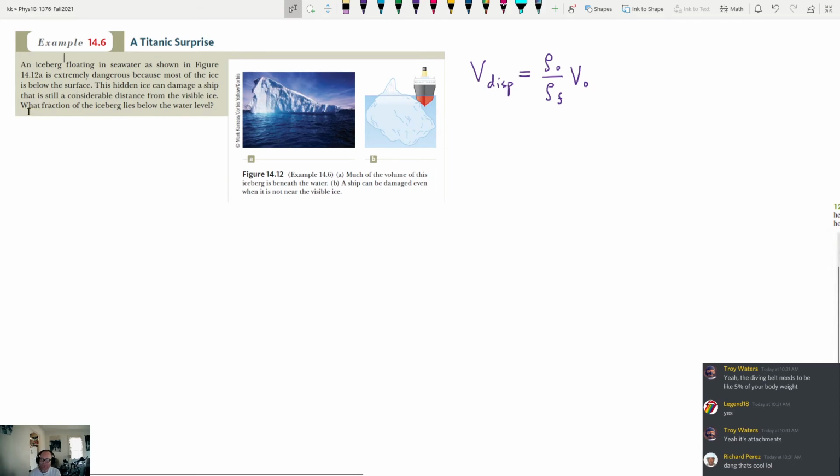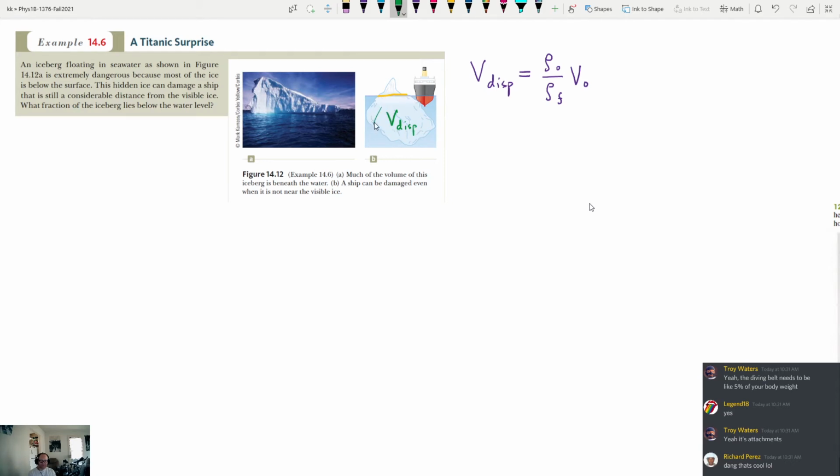Okay, so the question is, what fraction of the iceberg lies below the water level? That is to say, how much is here? All right, so on our picture, let's draw a little line right here, because that's the surface of the fluid, and just say that all of this stuff down here is the volume of water that's been displaced by the portion of the iceberg that's beneath the surface, right?